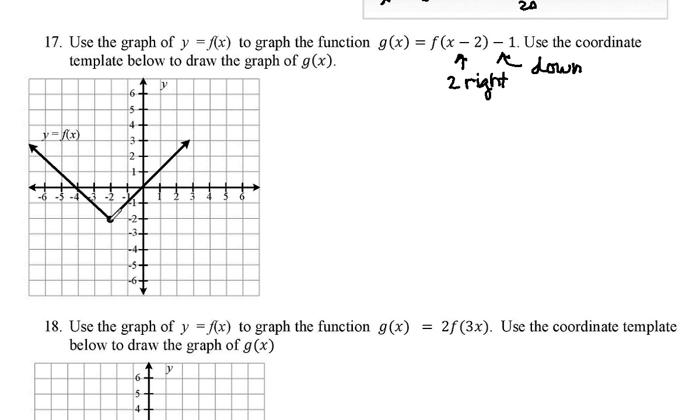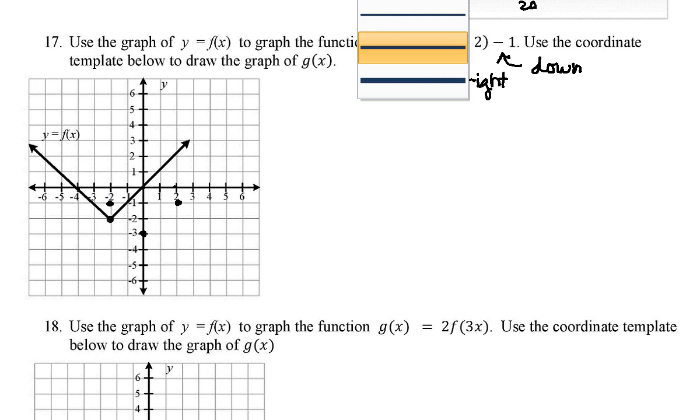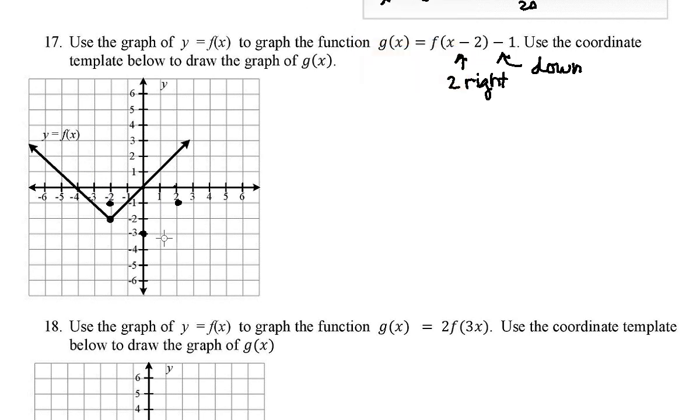So take this point and go to the right 2 and down 1 right there. And then we only need 2 other points. So for example, this point here, to the right 2, down 1. And then we could take this other intercept point here to the right 2 and down 1 right there. And so let me use a different color to draw our other graph here.